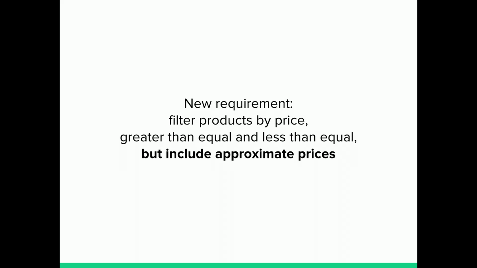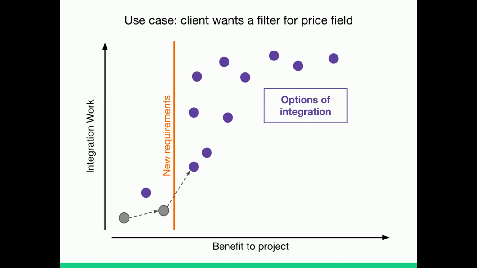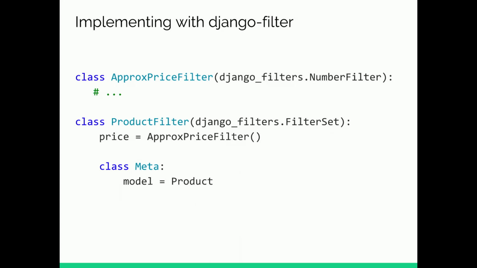Then another requirement comes. It has to filter products by price greater than or equal, less than or equal, but include approximate prices. You don't want to lose a 1 cent difference, 2 cents difference on price. This means that with new requirements coming, we need to jump to another option of integration. And Django Filter supports that too. You just write your own price filter. And look, I only changed the Django Filter code.